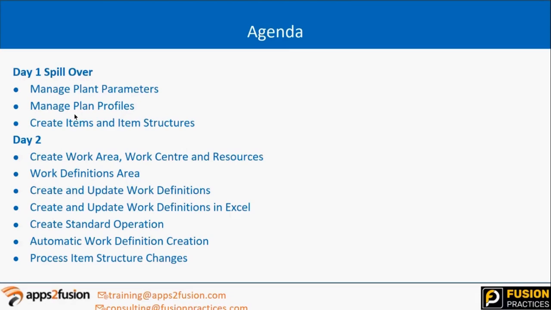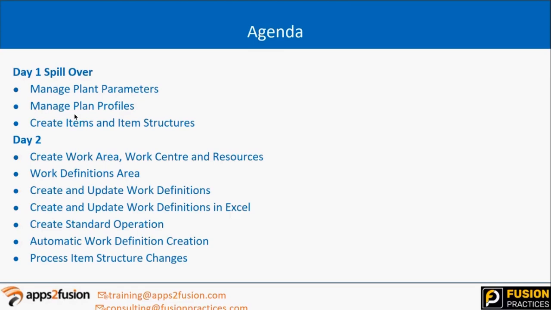We define our work areas, work center, resources, and the work definitions. We will also see how to create work definitions in Excel. We will create a standard operation, and we will also see how we can automatically create work definitions for some items, and how we can sync changes if, after the work definitions are created, you have changes in the item structure.